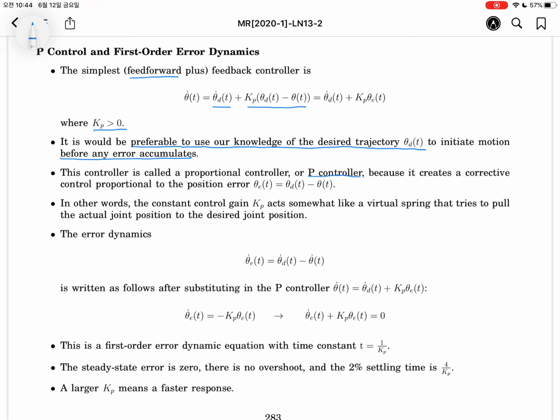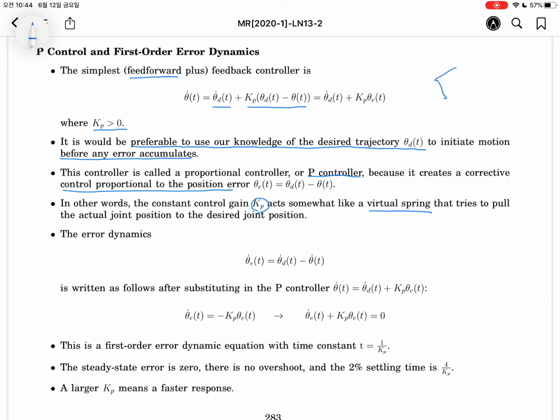Okay, this control is called proportional or P control because it creates the corrective control proportional to the position error. On the other hand, this proportional control gain Kp acts like a virtual spring.